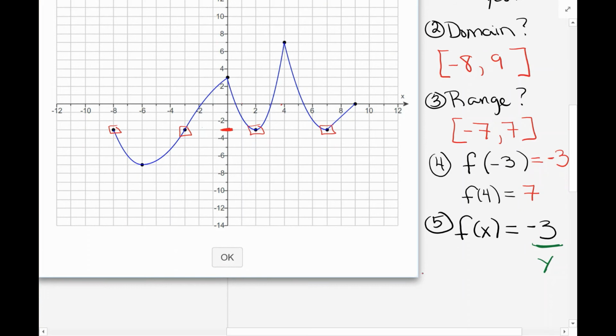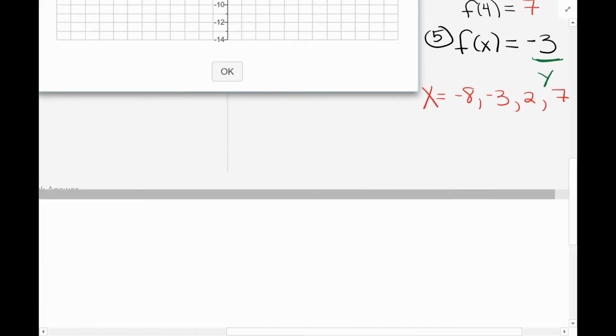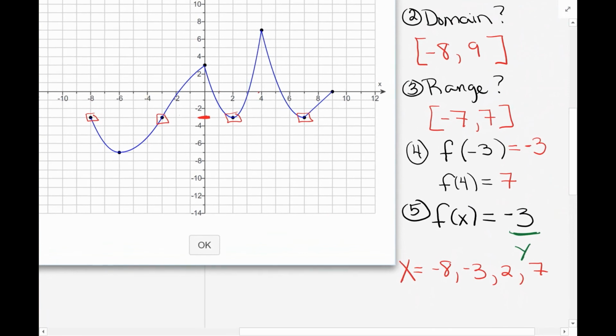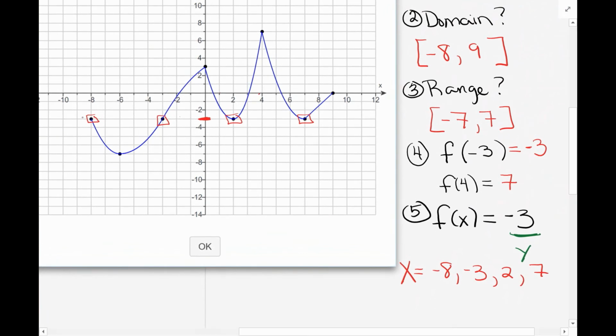That's going to be x is equal to -8, -3, 2, and 7.